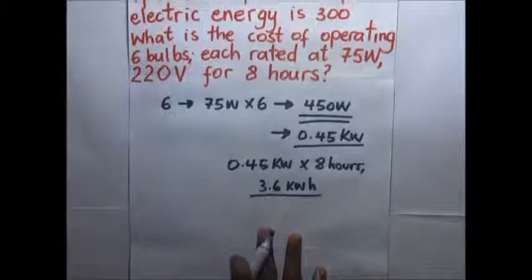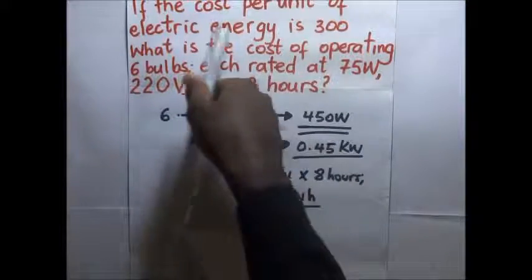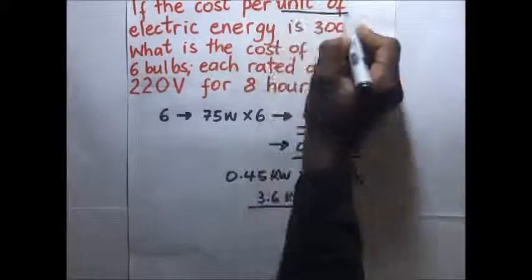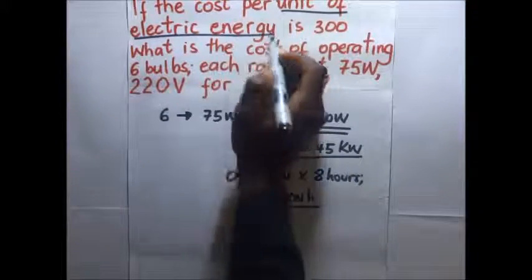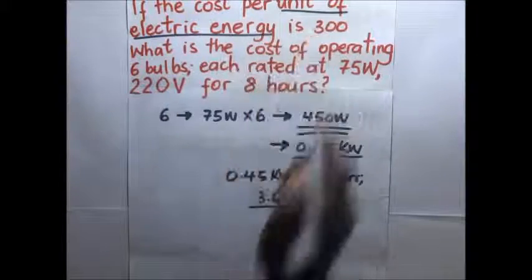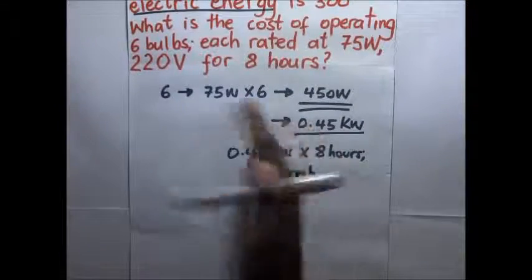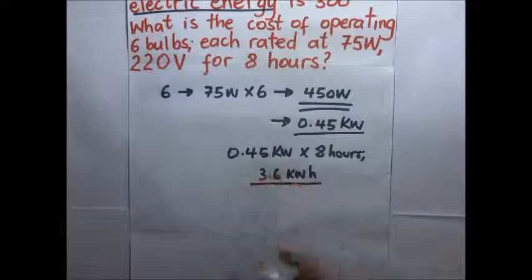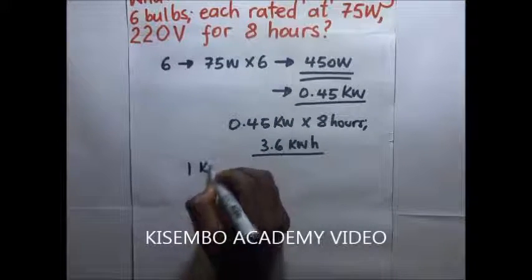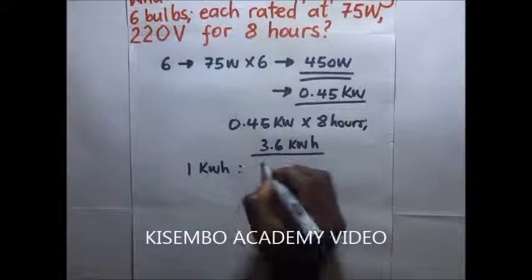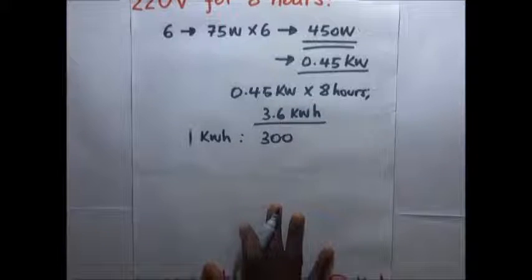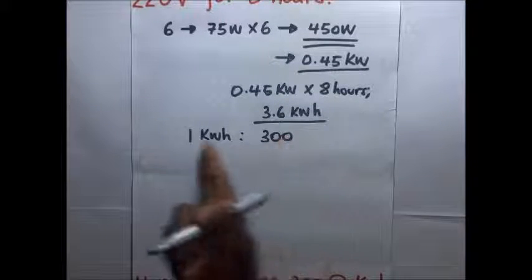But now the question is telling us the cost per unit of electricity, and the unit of electricity we are talking about here is the kilowatt hour. So the cost per unit of electricity is 300. So what is the cost of operating these 6 bulbs? We know that 1 kilowatt hour is equivalent to 300, probably shillings or dollars or whatever. This is the cost of 1 kilowatt hour.